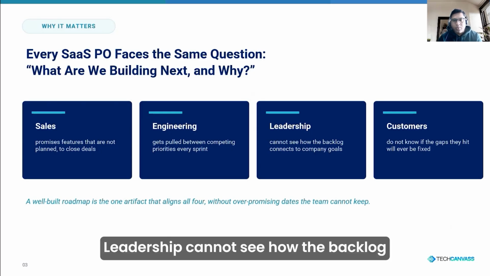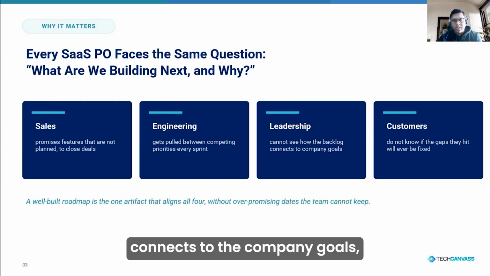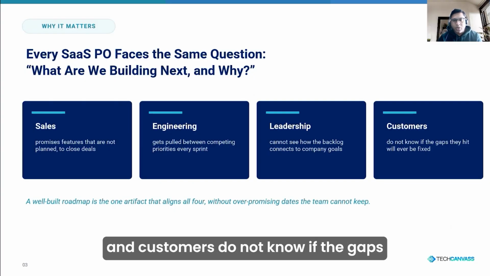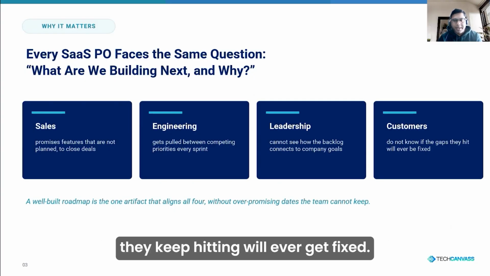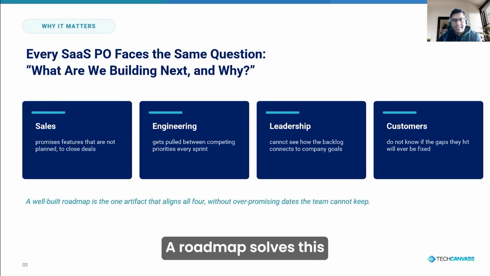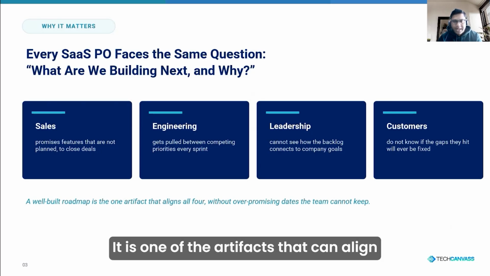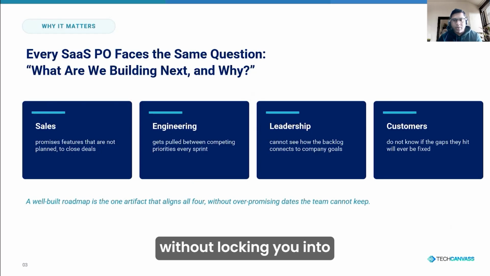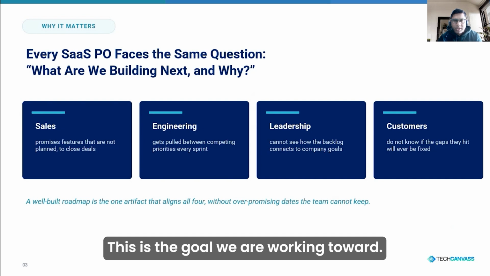Leadership cannot see how the backlog connects to the company goals. And customers do not know if the gaps they keep hitting will ever get fixed. A roadmap solves this. It is one of the artifacts that can align all four groups without locking you into dates you cannot keep. This is the goal we are working toward.